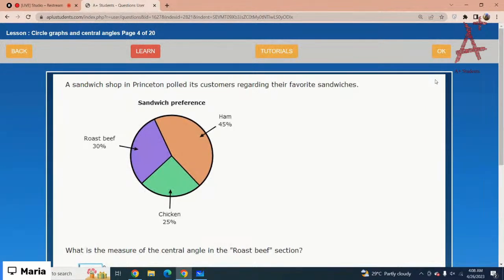Okay, the next one is a sandwich shop in Princeton polled its customers regarding their favorite sandwich. What is the measure of the central angle in roast beef section? You have to calculate the central angle in roast beef section.